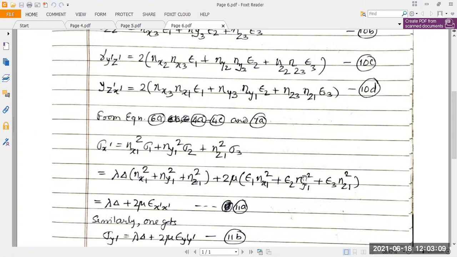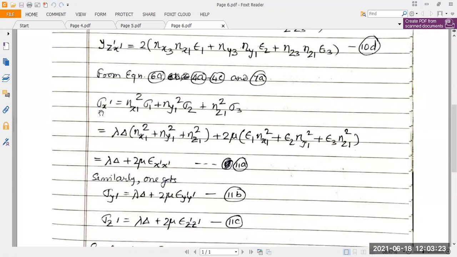Here s is equal to 1. So lambda into the sum plus 2 into mu into this is equal to epsilon xx itself. Similarly, one can also get epsilon y dash equal to lambda plus 2 mu in y, and lambda, 2 into mu into epsilon zz itself.